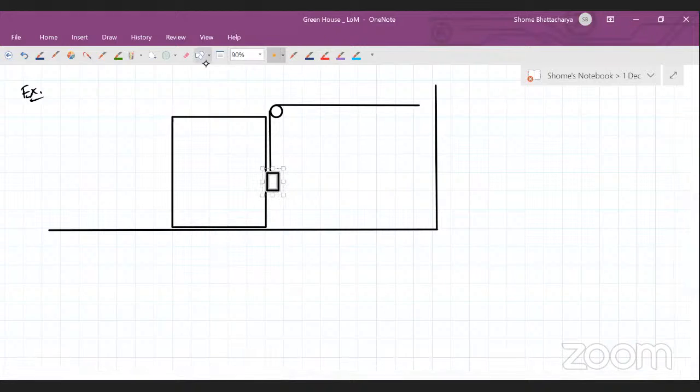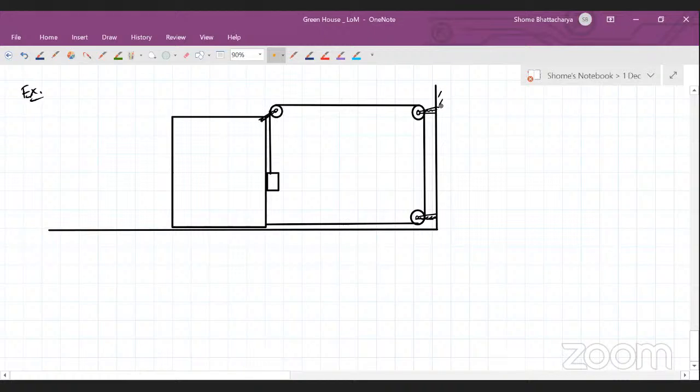Now there's a smaller block attached over here, and a system of pulleys like this. So these two pulleys are attached to the fixed wall, whereas this third pulley is attached to the corner of this block, and this is a smooth surface.